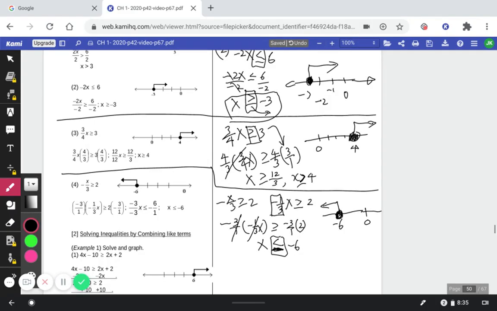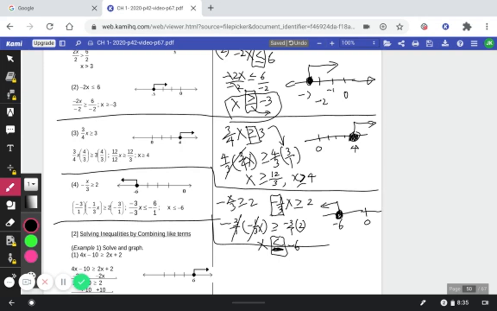Now let's do something more complicated, which is solving inequalities by combining like terms. Do you remember that there was x on both sides of the equal sign, or you have more than one x on the same side of the equal sign?